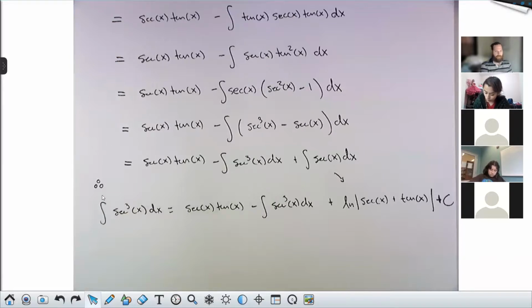So the integral I started with is equal to secant tangent minus the integral I started with plus the natural log of secant plus tangent.